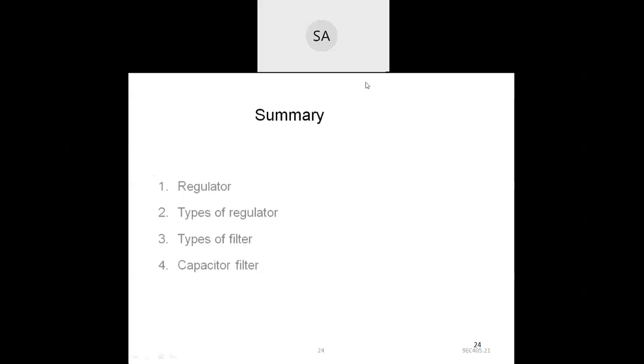The inductor input filter is also known as the L section or LC filter, and the capacitor input filter is also known as the pi section or CLC filter. The capacitor is always connected in shunt, across the load, because it acts as an open circuit for the DC, whereas the inductor is always connected in series with the load, because it acts as a short circuit for the DC if connected in shunt.